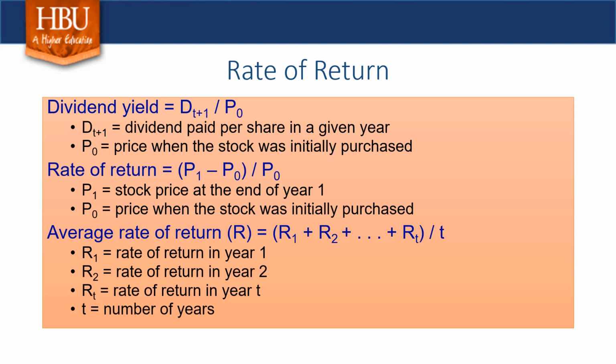We also have what is called a rate of return. We have our stock price at the end of 1 year, and then we determine the price when the stock was initially purchased. Did we lose money or did we gain money? And then ultimately, what kind of return rate do we get? Our average rate of return, as this formula should look similar to what we've seen prior, is indicated here.